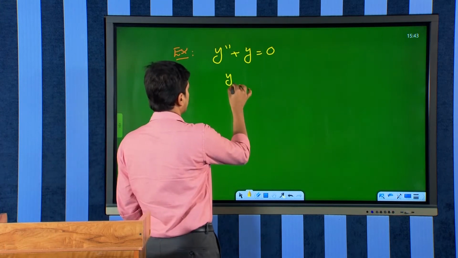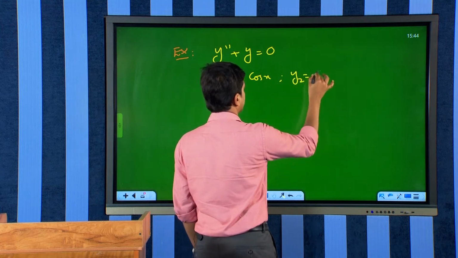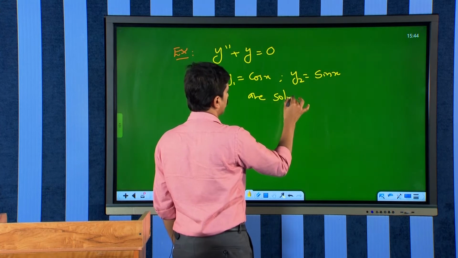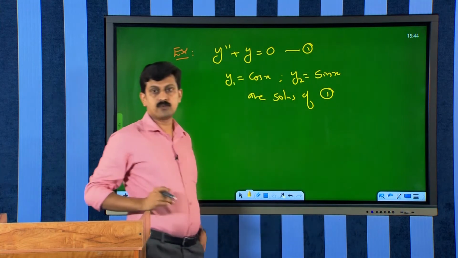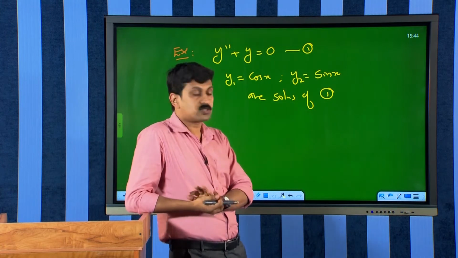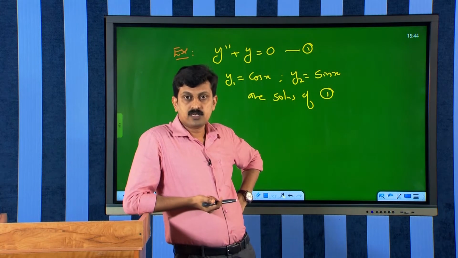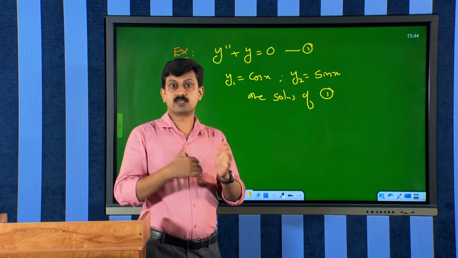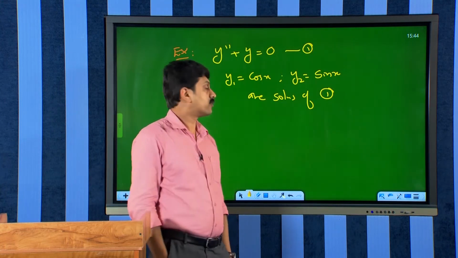Here y1 is equal to cos x and y2 is equal to sin x are solutions of differential equation 1. These are two particular solutions of the differential equation. Their linear combination is also a solution, which we discussed in the fundamental theorem just before.